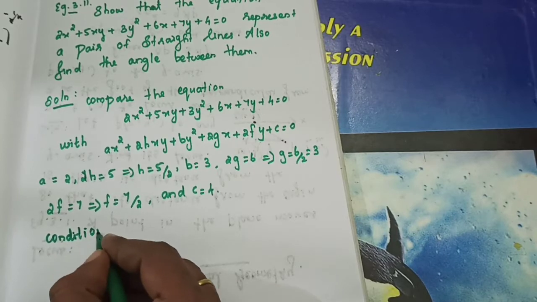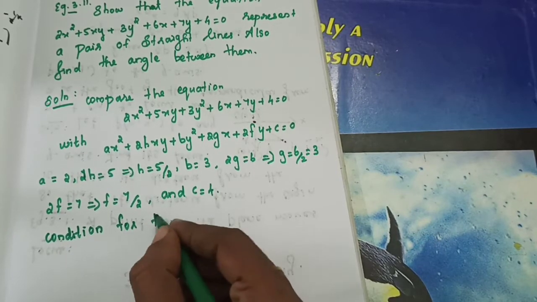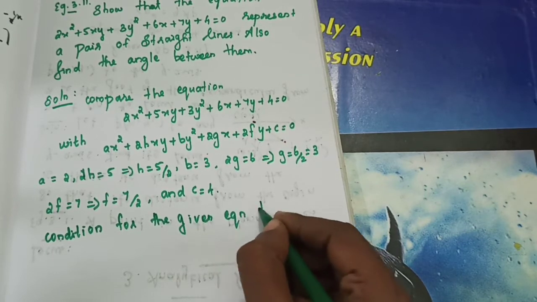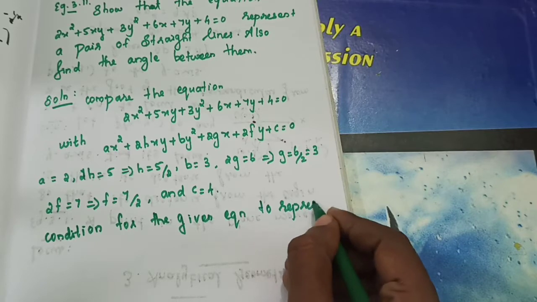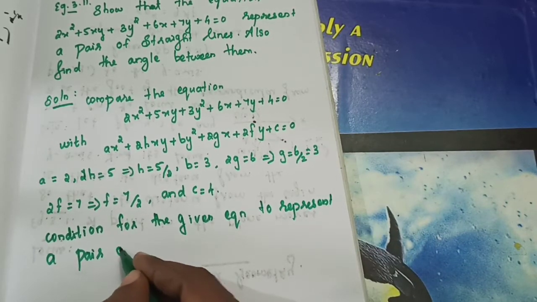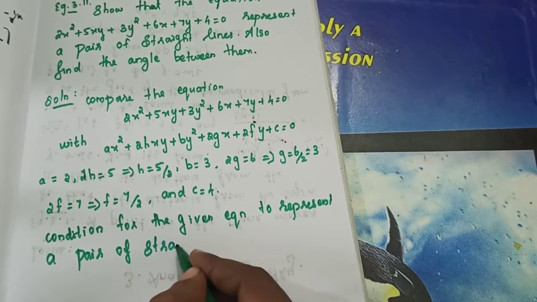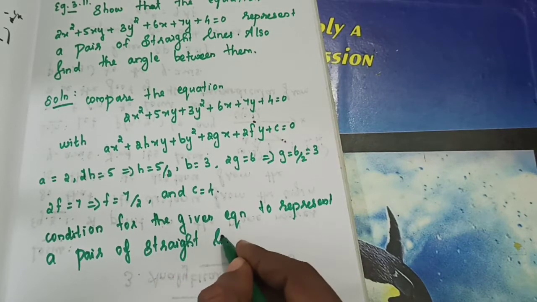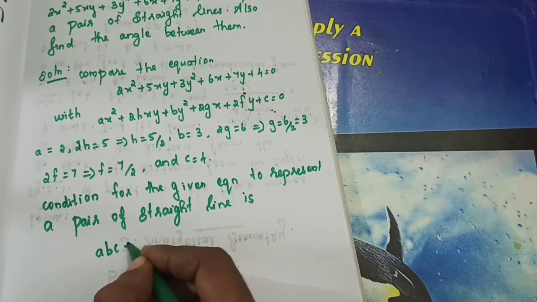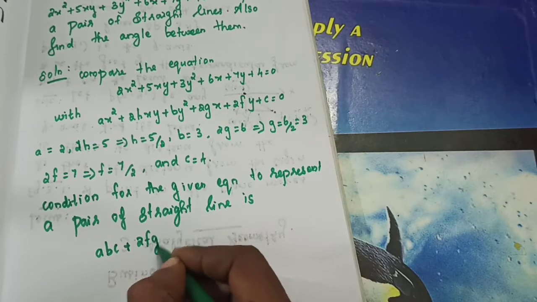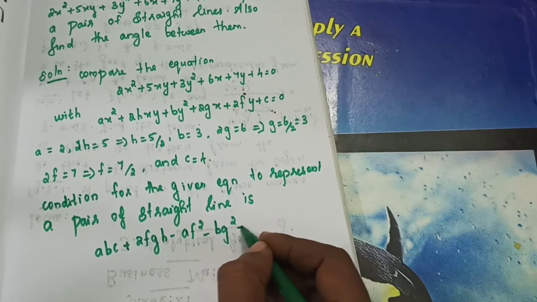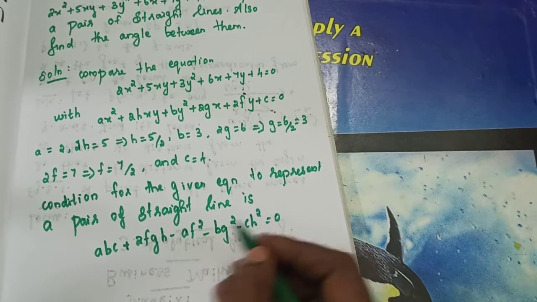The condition for the given equation to represent a pair of straight lines is abc plus 2fgh minus af square minus bg square minus ch square is equal to 0.